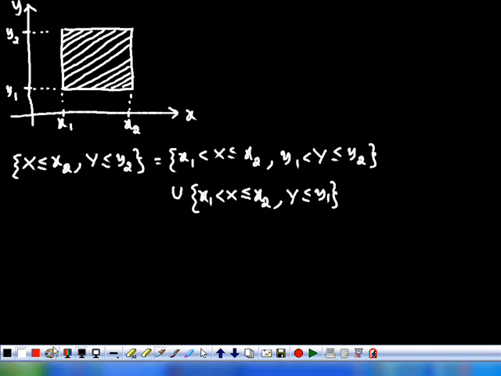And another one is the region between x1, x2 and below y1, that can be written as x1 less than x less than or equivalent to x2 and y less than or equivalent to y1. Similarly, union x less than or equivalent to x1 and y is in between y1 and y2.